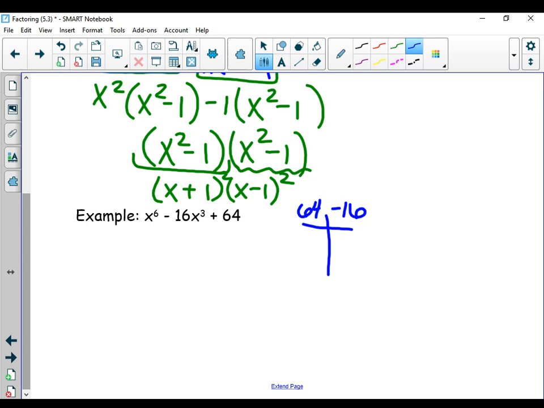So the factors of 64 that get me negative 16 are negative 8 and negative 8. So if I do the shortcut, or if I did the long way, I'd get the same answer.